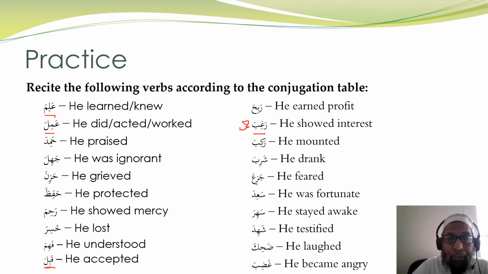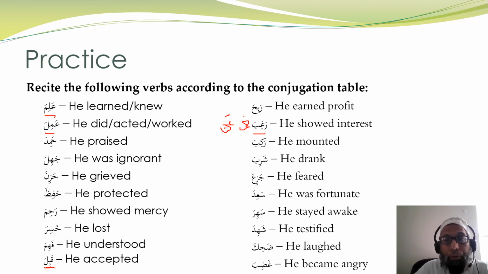If you use the preposition an after raghiba, then it means the opposite of showing interest. Raghiba an means to turn away, to show disinterest. For example, it comes in a hadith, فَمَنْ رَغِبَ عَنْ سُنَّتِي فَلَيْسَ مِنِّي.